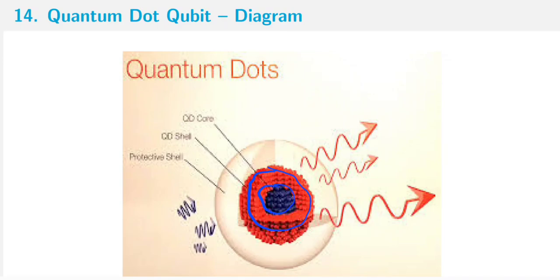The wavy red lines show light being emitted. This is the emitted light, emitted when the dot switches between energy levels. So when the dot switches between energy levels, light is emitted. That's how it processes quantum information.